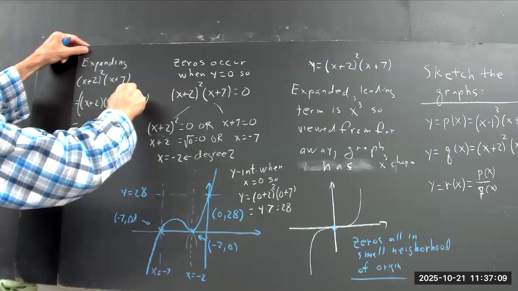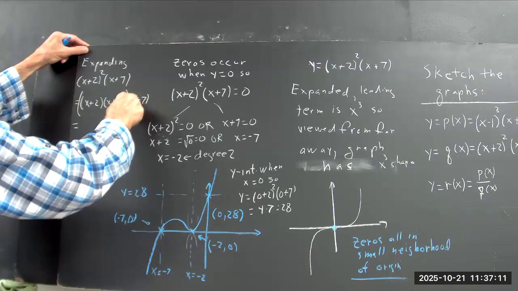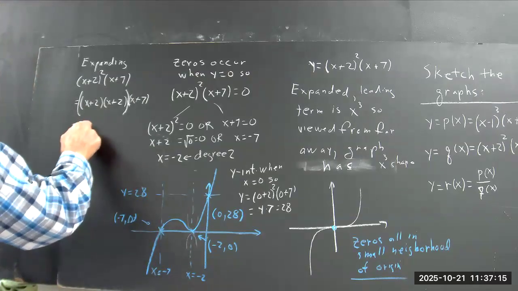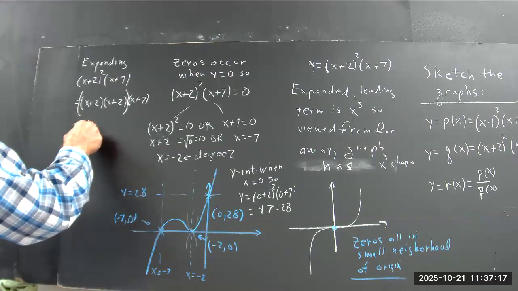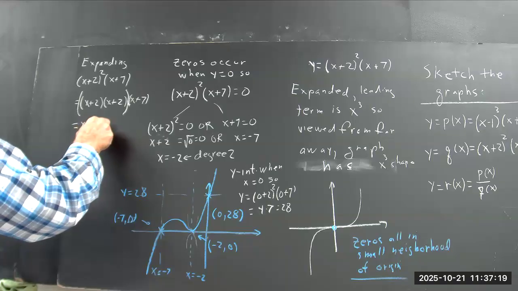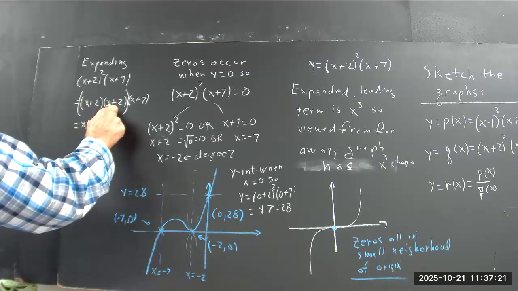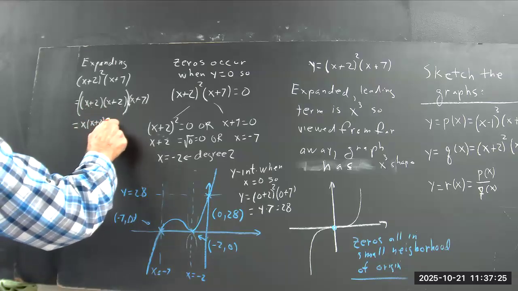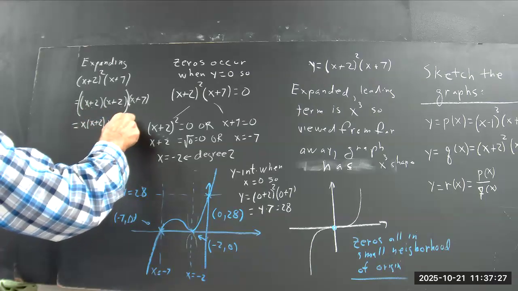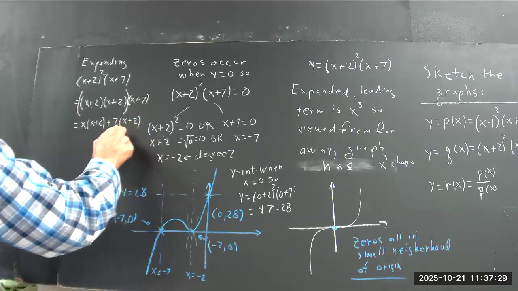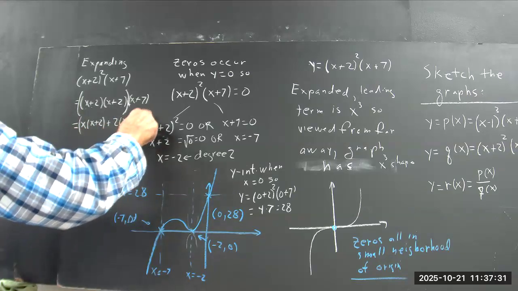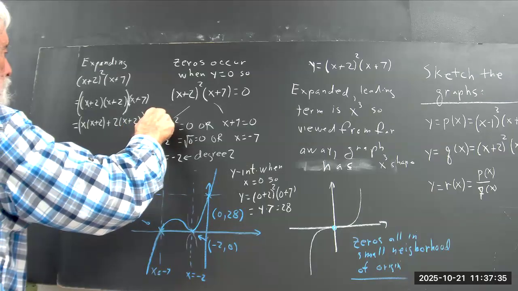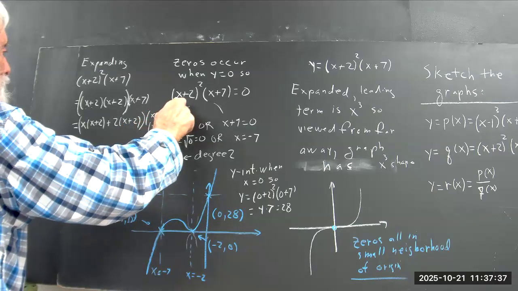Now I'm going to isolate the x plus 2 times x plus 2. X plus 2 times x plus 2 is x times x plus 2. So the x multiplies the x plus 2, but the plus 2 also multiplies the x plus 2. Now it's all this multiplied by x plus 7.